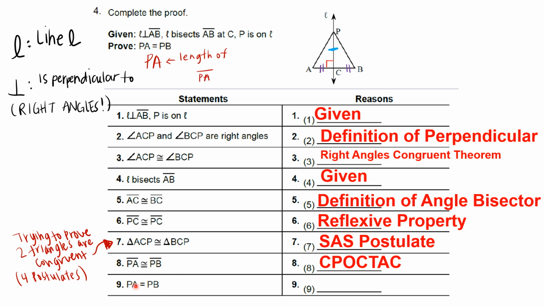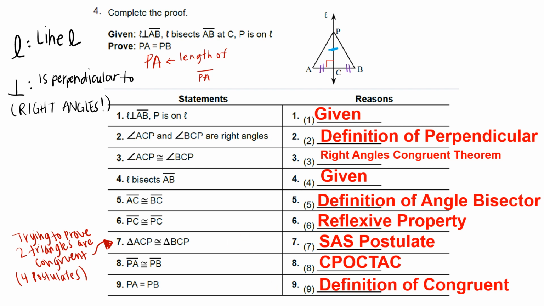And then the next line says the length of line segment PA is equal to the length of line segment PB. Now this is something that we haven't used in a while, I want to say since the last chapter. This property that allows you to say that the lengths of those congruent sides are equal is just the definition of congruent. When we say that two sides of a triangle are congruent, by definition, their lengths are equal.